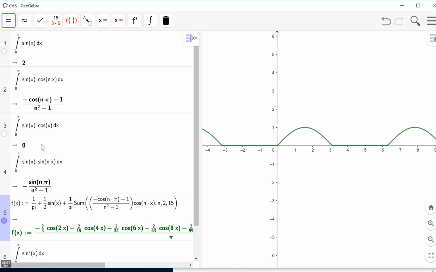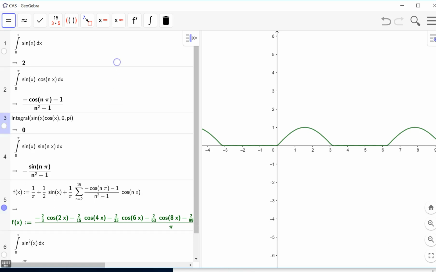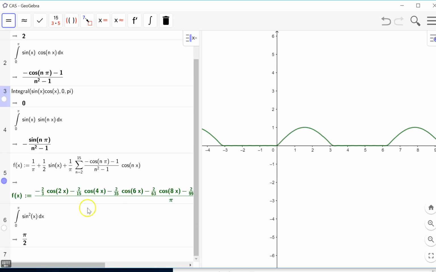So I had to go back and do this integral for when n is 1, and get pi over 2. I have to divide that by the period, or by half the period, sorry. So that becomes 1/2, and that's the coefficient on sine x, because that's the coefficient on sine nx when n is 1. All the rest of them were 0.